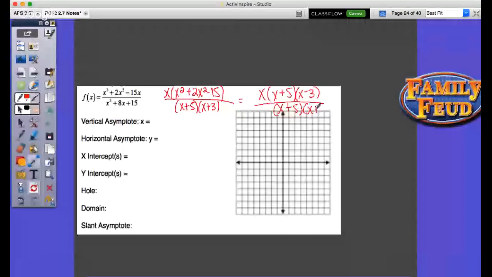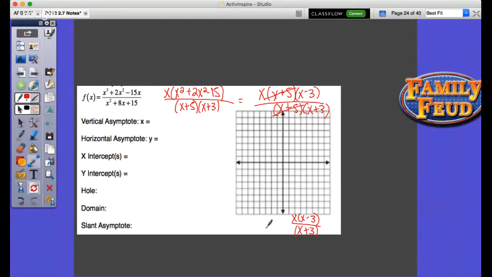Now, when we finally simplify, we realize that the x plus 5s cancel, leaving me with the simple version of this. It's x times x minus 3 all over x plus 3. I feel pretty good about that.